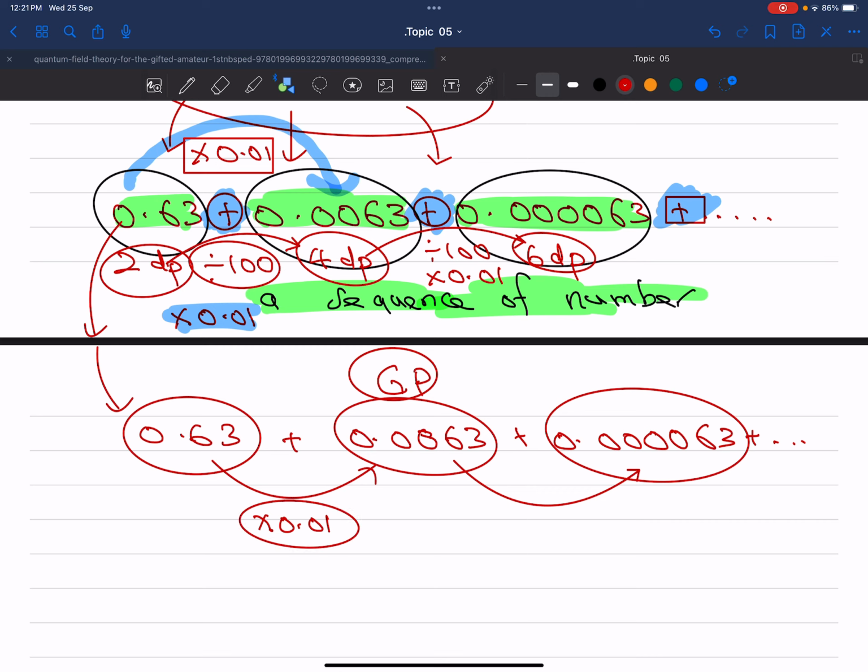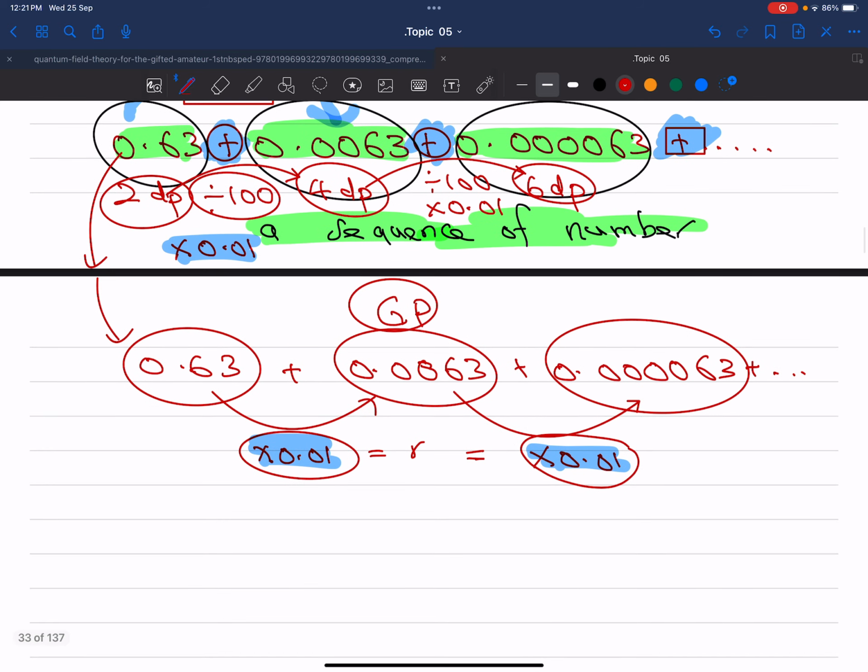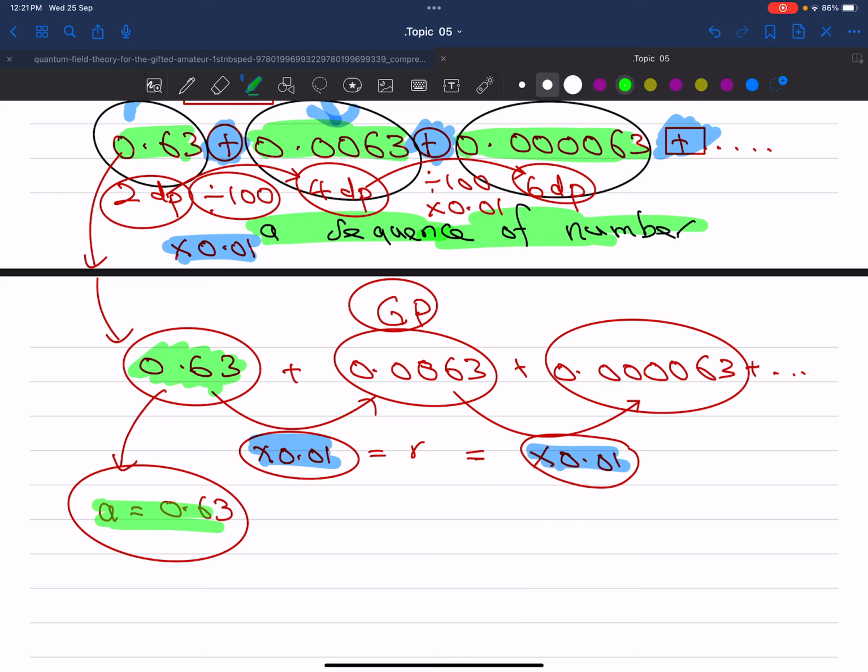That is R. And our first term, of course, is 0.63. This is our first term A. So we have established the A and the R.